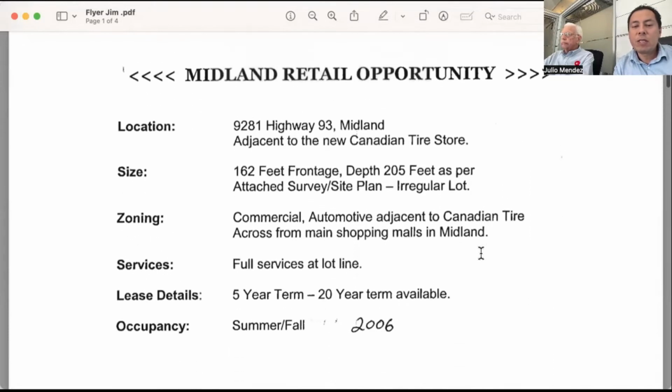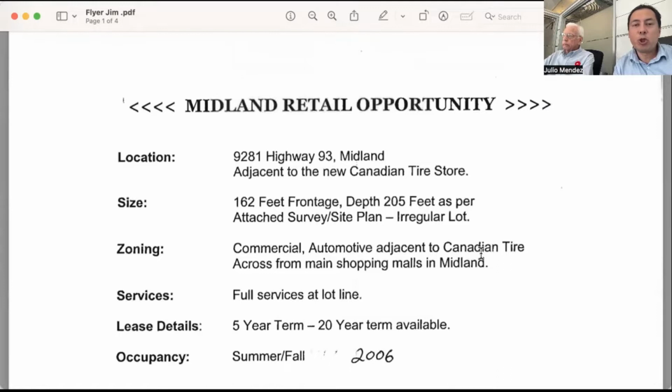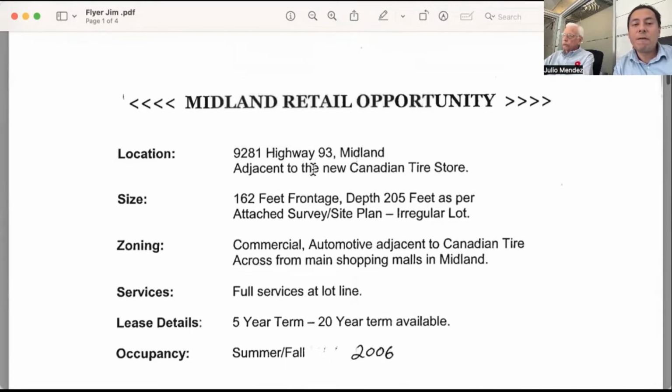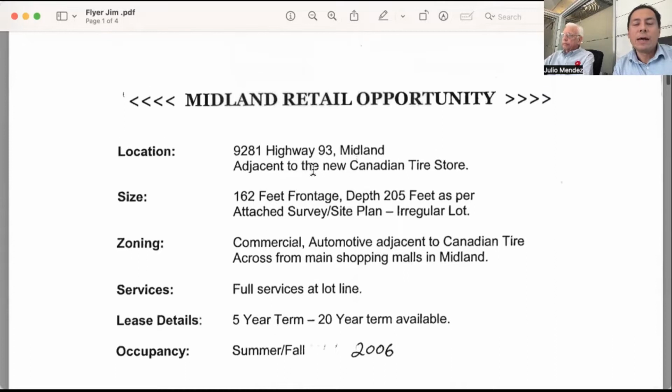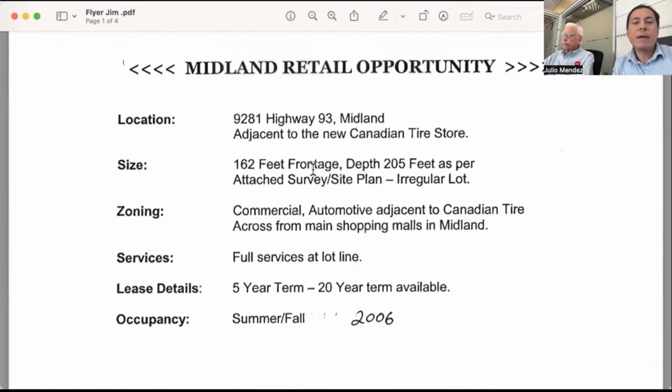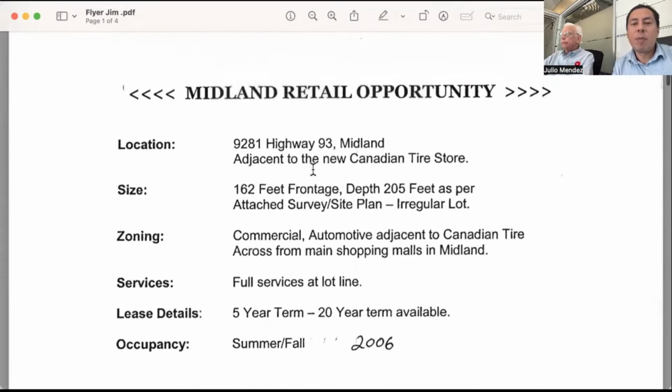This is from 2006, but it reflects that brochure that we were talking about in the previous session, right? Jim provided us with some content. So this is an old brochure per se, there's no color or anything, but here are the details of that property.